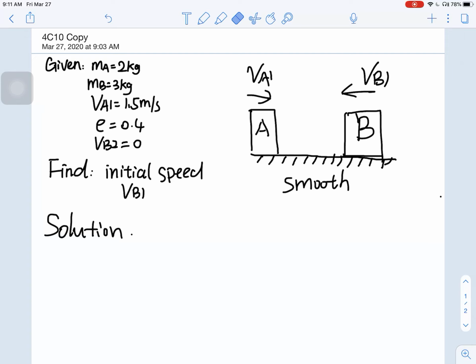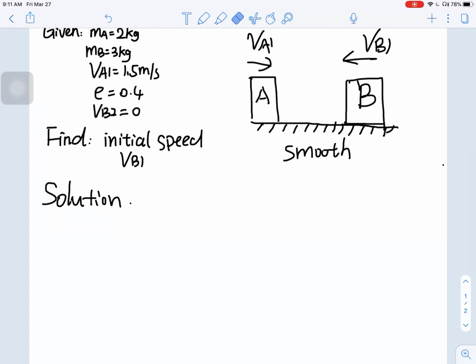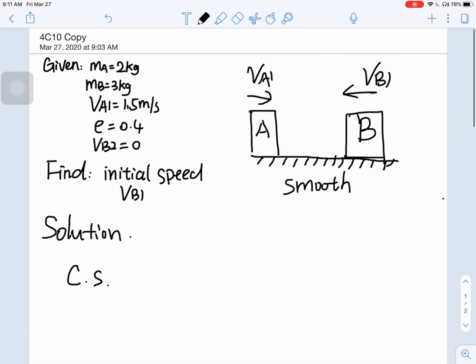Okay, in order to solve this impact problem, the first thing we want to do is determine the coordinate system. Remember, now we have a different coordinate system, the n-t coordinate system. So define the directions for n and t.